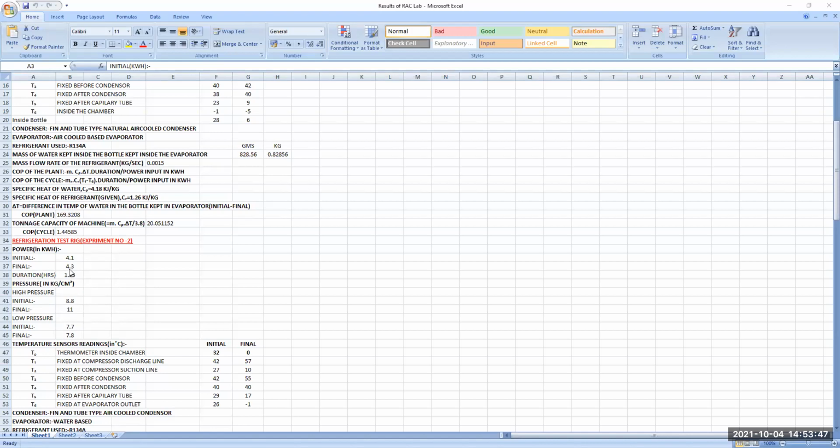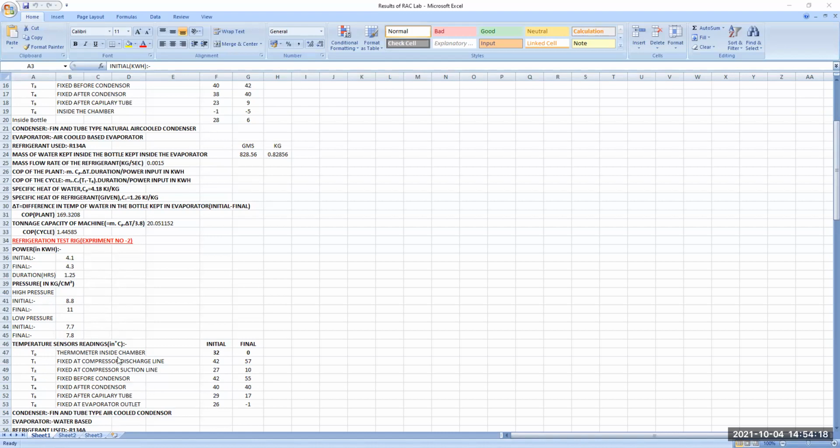The duration here was not that high, only 1.25. The pressure in kg per cm square: the high pressure is initially 8.88, and finally it becomes 11 kg per cm square. The low pressure initially was 7.7 and finally was 7.8.